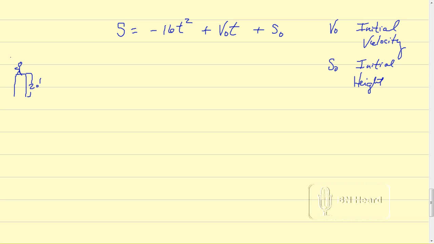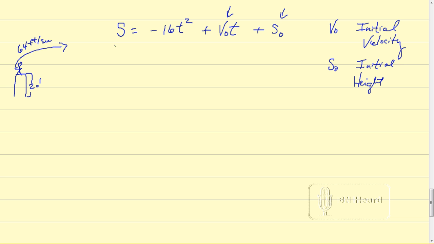I'm sorry for the stick figures, but I throw a ball off of that building at 64 feet per second. The 64 feet per second is my initial velocity. I'm on top of a 20-foot building, so the 20-foot building is my initial height, so that's my s sub 0.